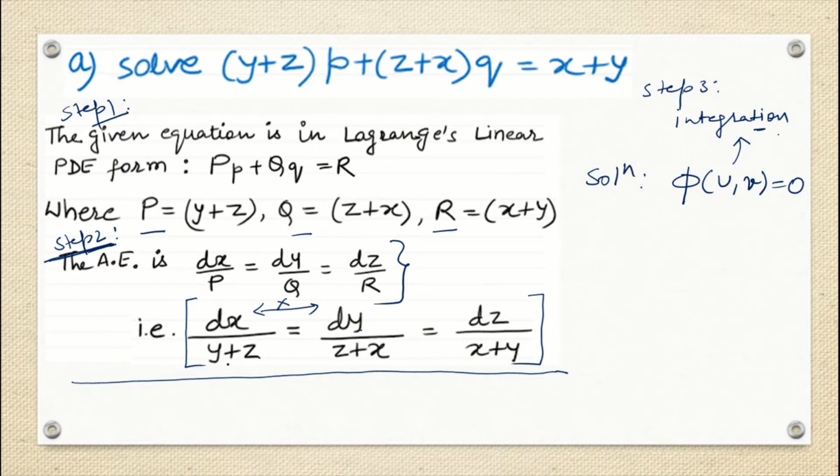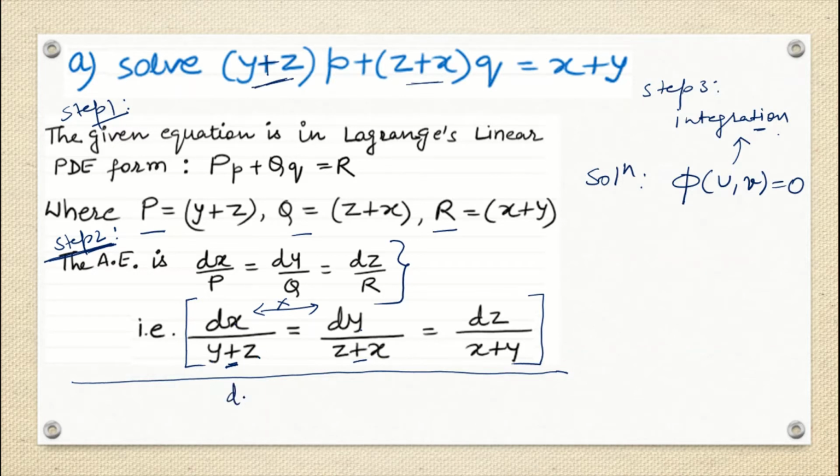Whenever you see this form of question, some trick has to be applied. If your denominators are in this form, like y plus z or z plus x, with a plus between them, you cannot cancel them unless they are exactly the same.